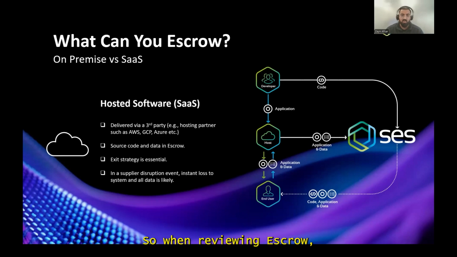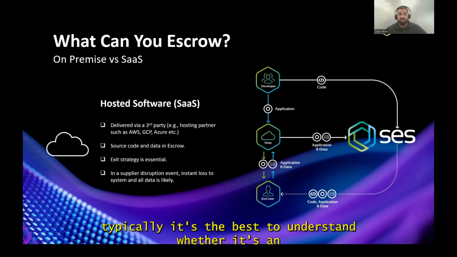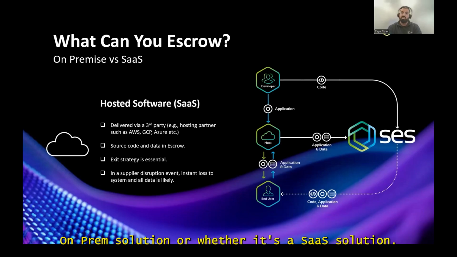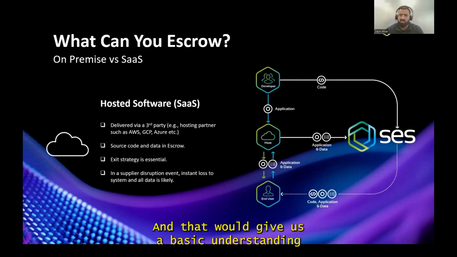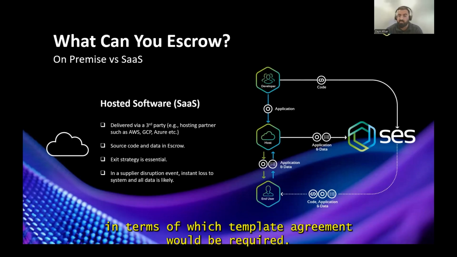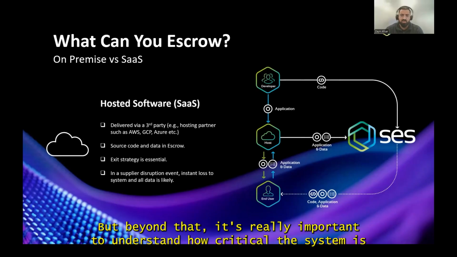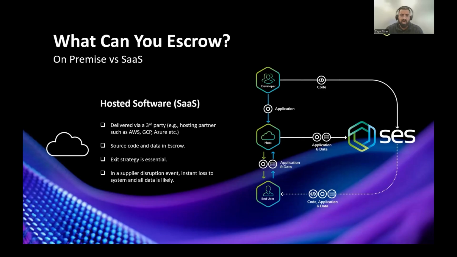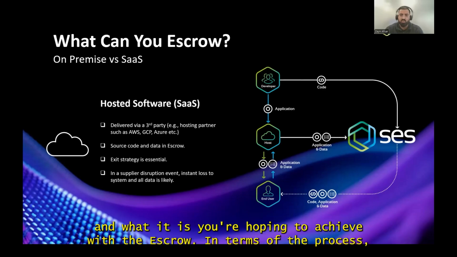When reviewing escrow, typically it's best to understand whether it's an on-prem solution or a SaaS solution, and that would give us a basic understanding of which template agreement would be required. But beyond that, it's really important to understand how critical the system is and what it is you're hoping to achieve with the escrow.